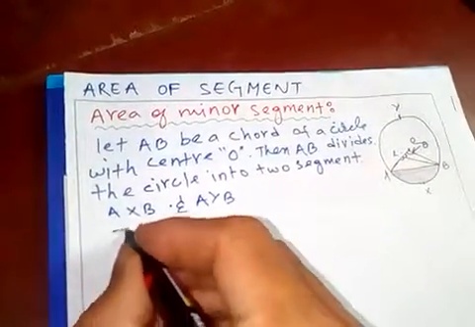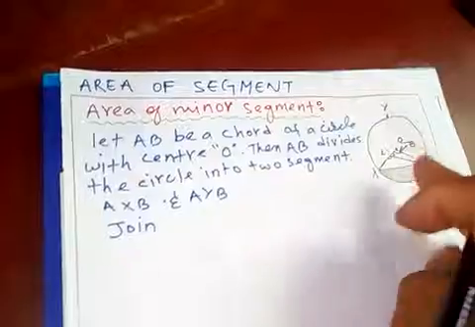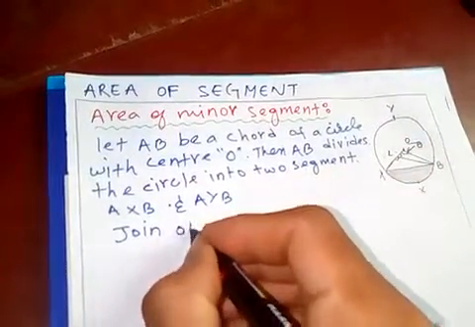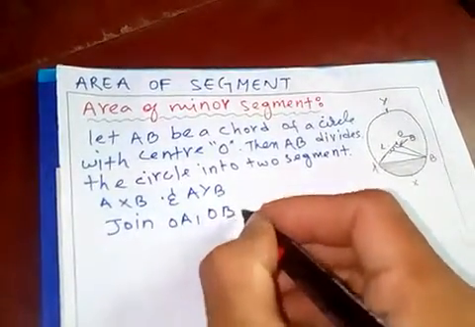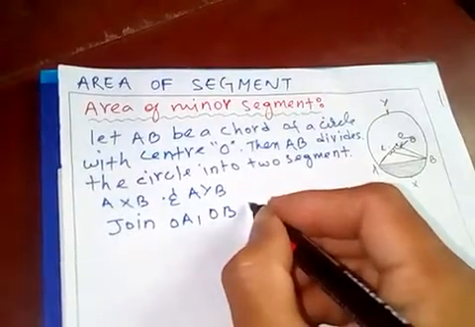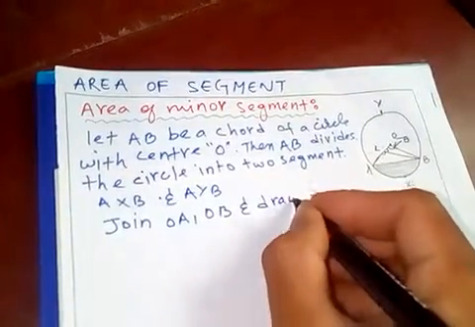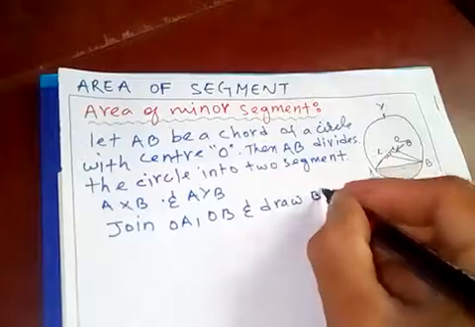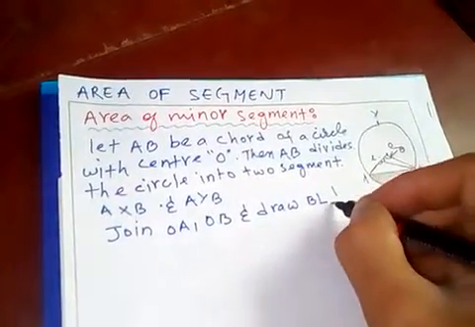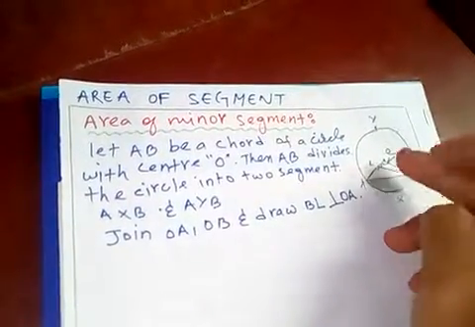Now this is a construction. Before doing this you should join OA and OB, and draw BL perpendicular to OA. It should be perpendicular.